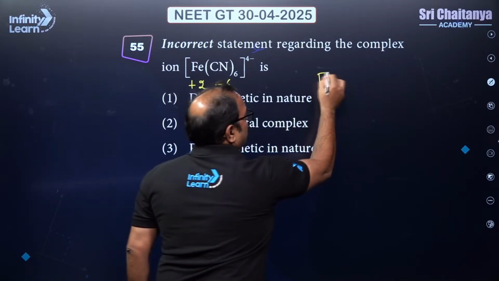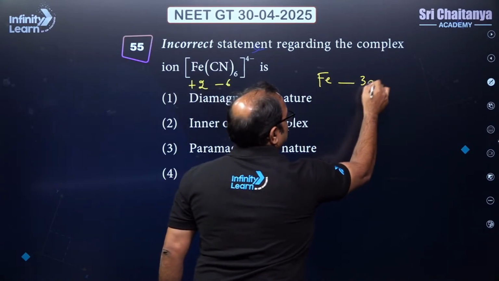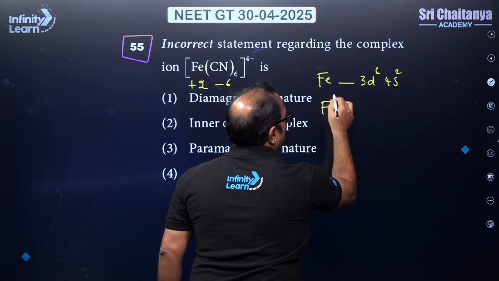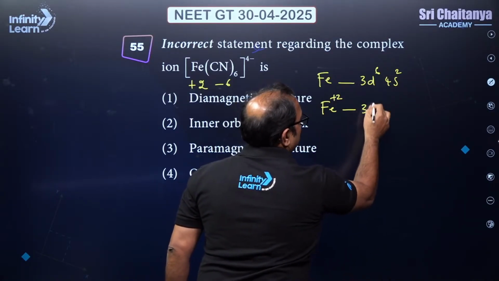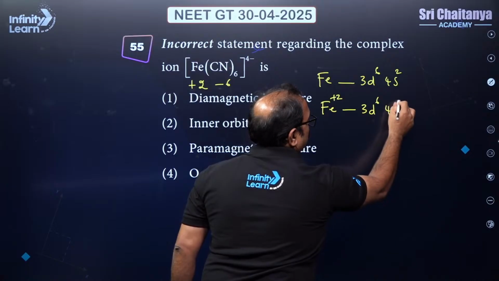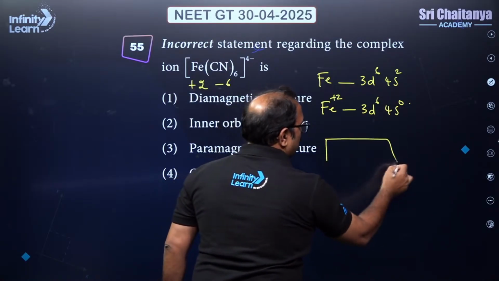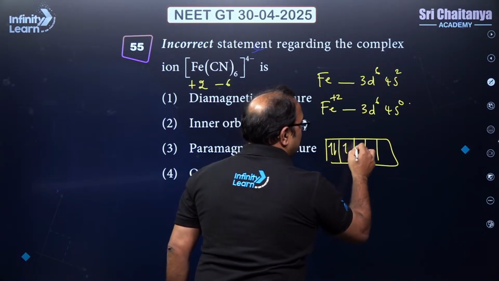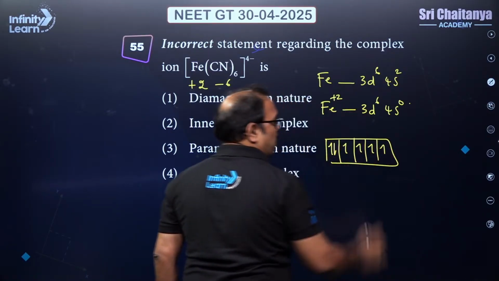Iron, what is the configuration which you have in this case? Iron is 3d6 4s2. Once iron is in the +2 state, this is 3d6 4s0. So now you have this 3d6, this is the situation of 3d6 initially for Fe2+ I am writing.